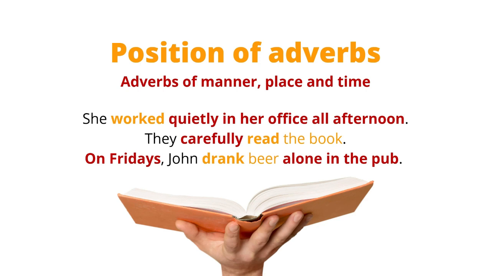And then if we wanted to, we could put the time after in the pub. Alone in the pub on Fridays. But alone cannot go in front of the verb because alone does not end in ly. Okay? We can do it with quietly and carefully, but we can't move alone. That would have to go after. On Fridays, John drank beer alone in the pub.